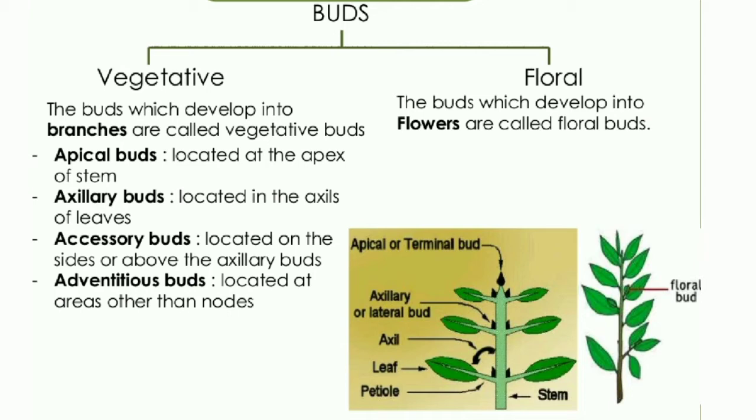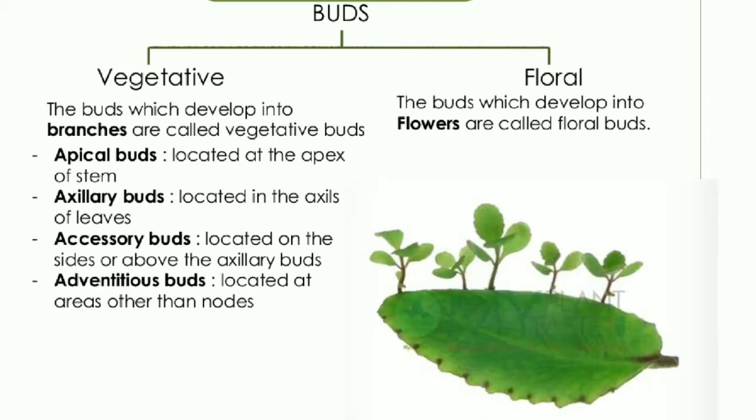One more thing, adventitious bud, which is located at the areas other than nodes. Usually the bud develops at nodal areas, nodal regions, or at the nodes. But if the bud develops other than nodes, it is called adventitious bud.